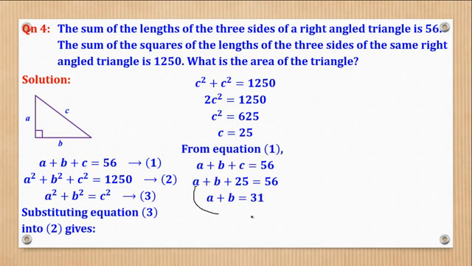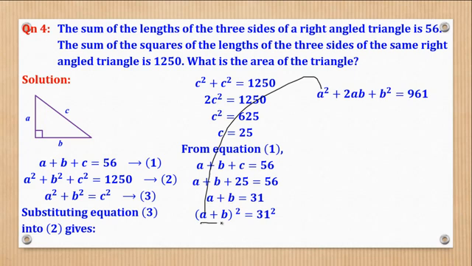Now I have this one, I also have this one. What can I do? I'll square both sides. When we expand, we shall get something funny: this squared plus twice the product of both entries, then plus this squared.